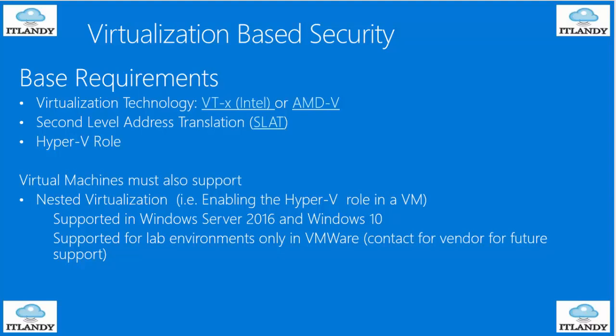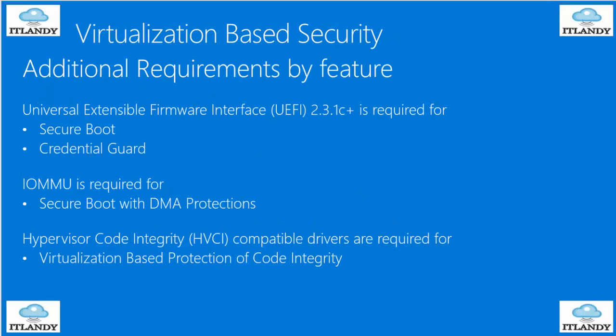Also, the virtual machine must support nested virtualization, like enabling the Hyper-V role within the VM, and it does support Server 2016 and Windows 10. Also, supporting it for the lab with VMware currently means you need to contact VMware to check if it's available.